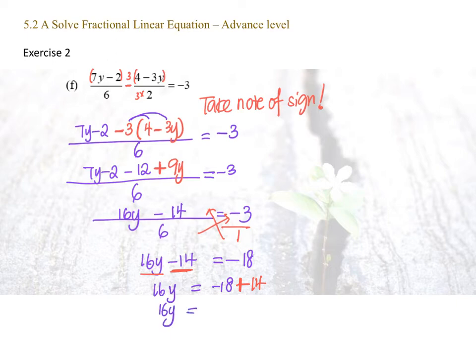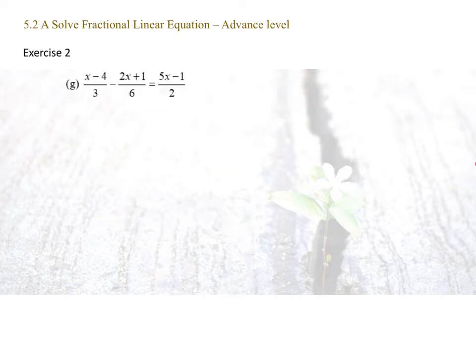And y will be equal to negative 1 over 4. Have you gotten the answer? Now for this question, please try the following question on your own and check the answers after this.